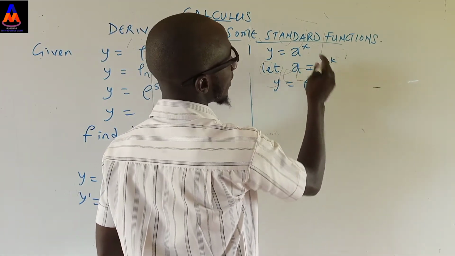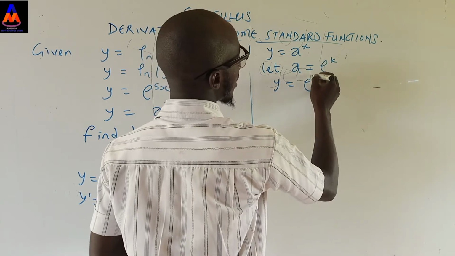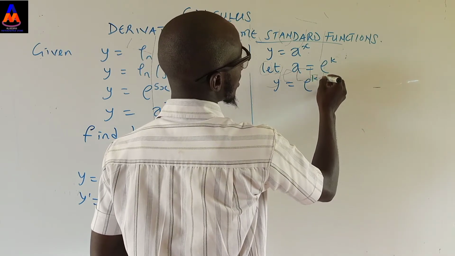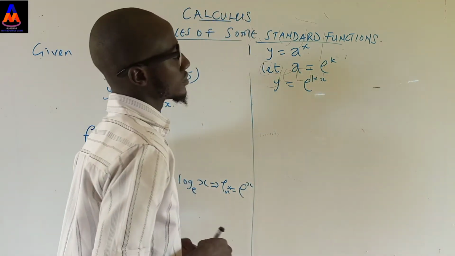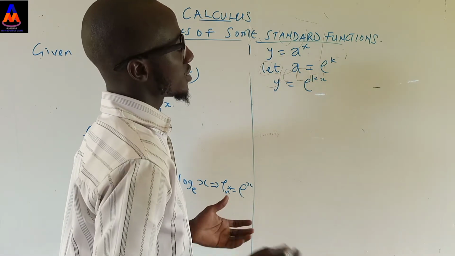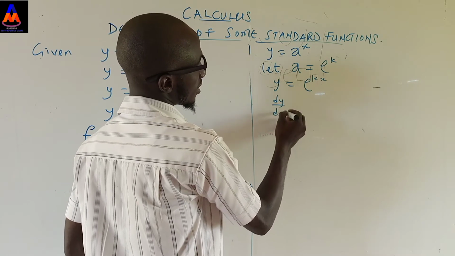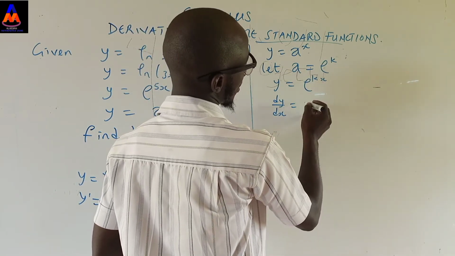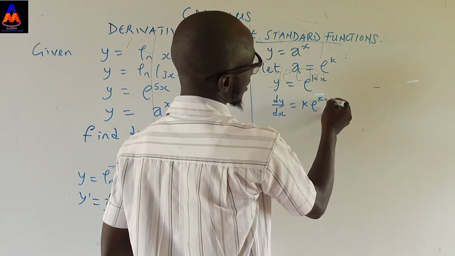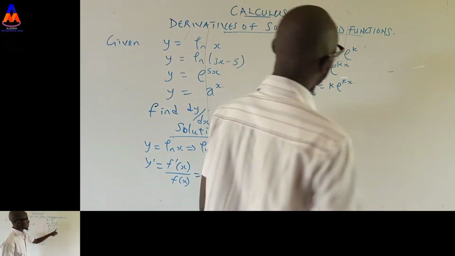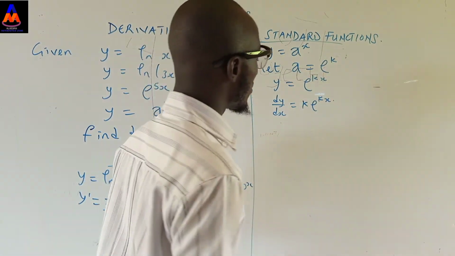Rewriting this, y equals exponential kx. Then when you differentiate this, dy/dx is going to be k exponential kx, just like we just finished. We can't leave our answer like this because we have some foreign members there.